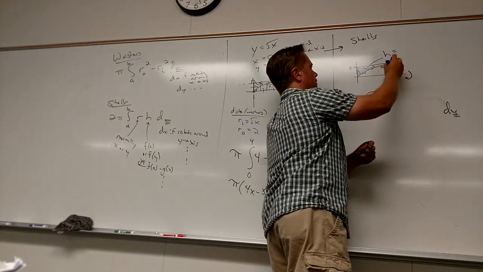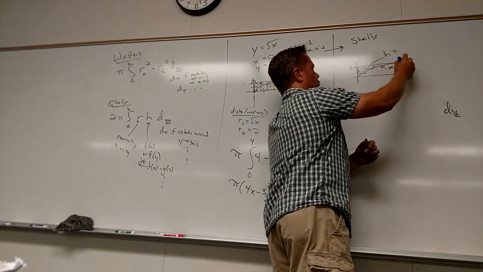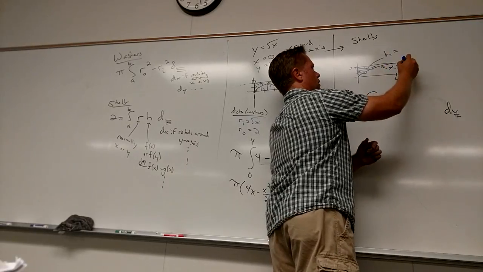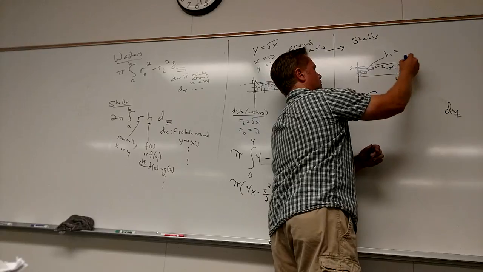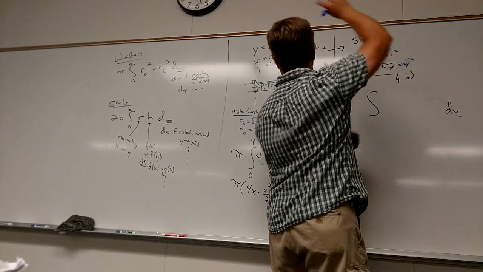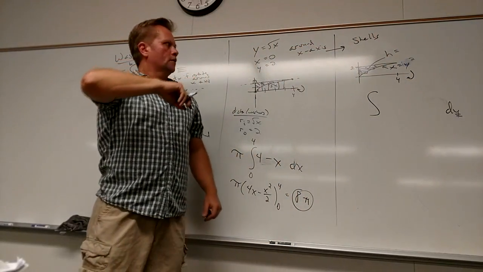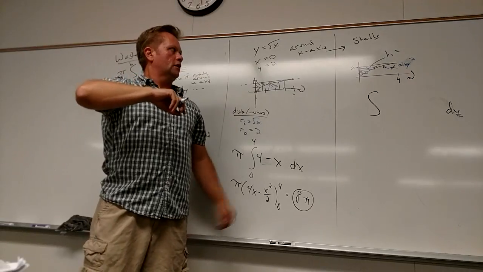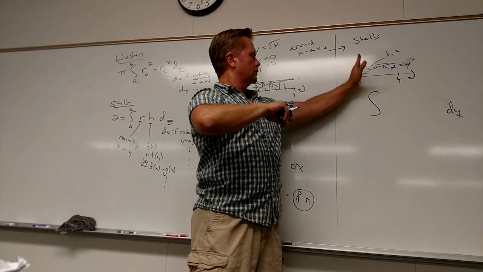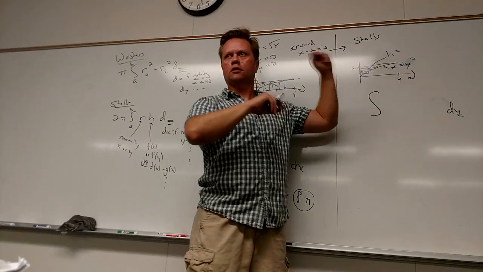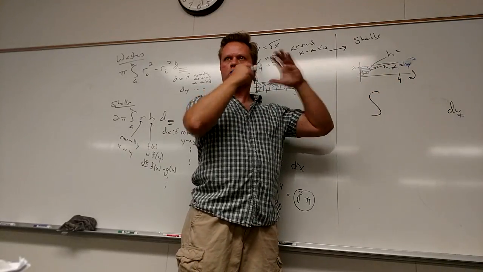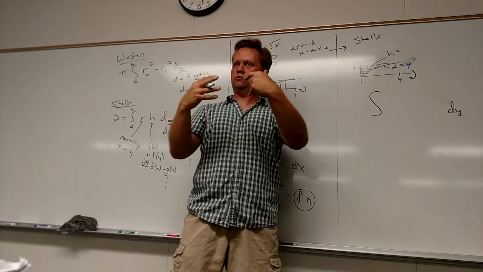I need x in terms of y. Oops, y squared. Is it with square root of x? Yeah, okay. So how tall is that rectangle? It starts at x equals 0 and goes out to x equals y squared. So the height of a rectangle is y squared.